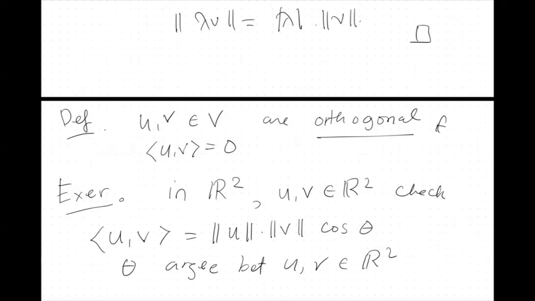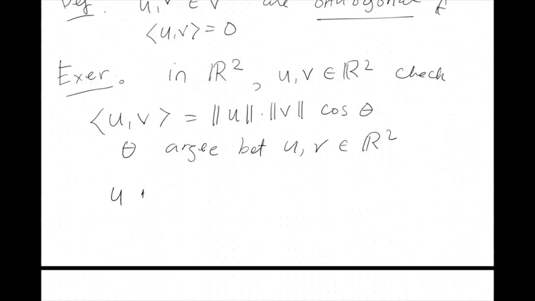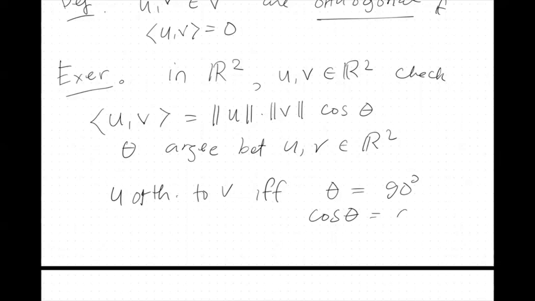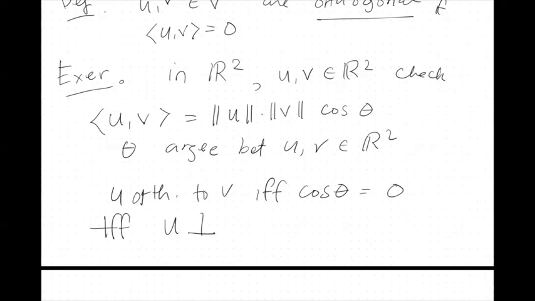Of course, u is orthogonal to v if and only if theta is 90 degrees. That means this cosine of theta is 0. The cosine of theta is 0. And this means that u is perpendicular to v.